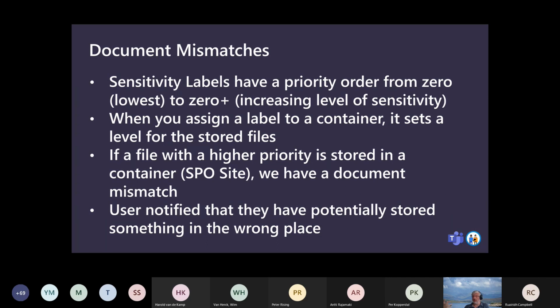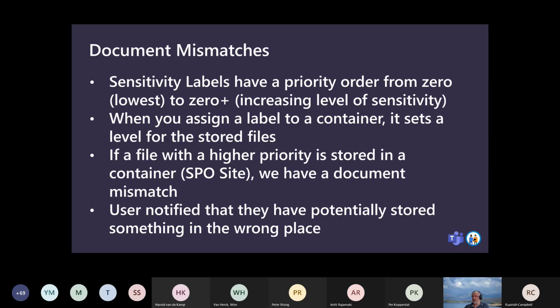Let's say it has a label called super sensitive, and the priority order for super sensitive is 8. If I upload that super sensitive document to the SharePoint site, we have a document mismatch, because I now have a document which is more sensitive.